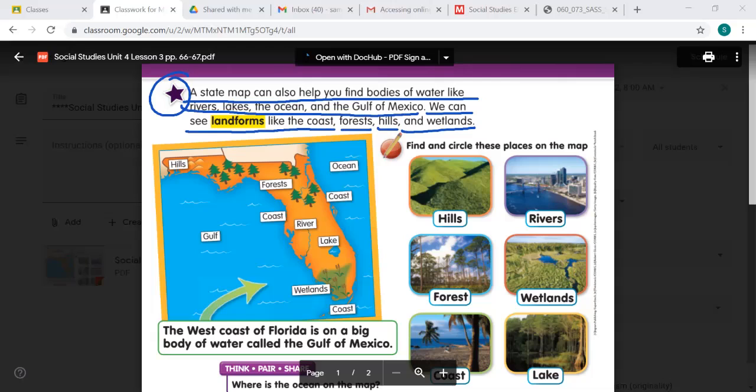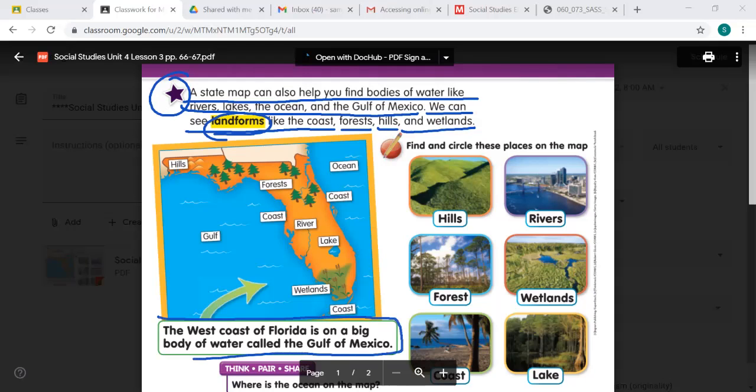Do you remember what a landform is? A landform is a part of the earth. It's like a hill or a wetland. So landforms are parts of the earth, and they show some on this map, and they show some bodies of water also.